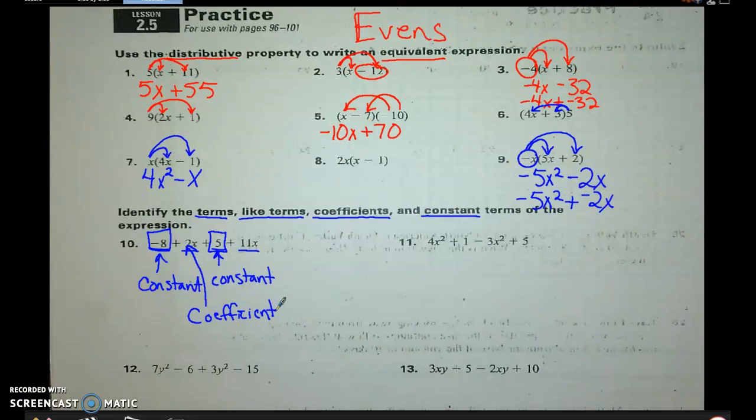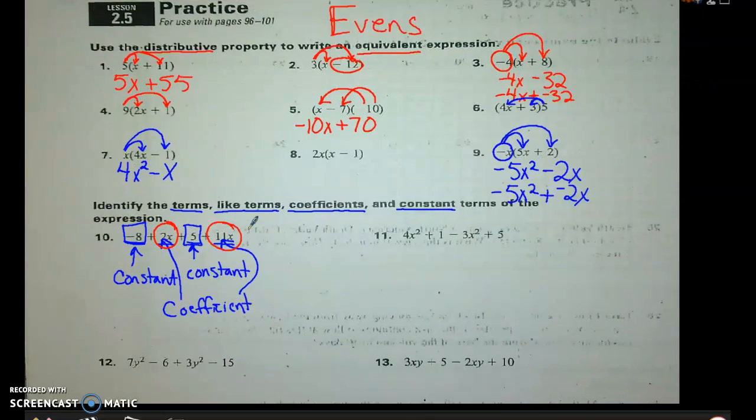Anytime that number is in front of a variable, that's a coefficient. That 11 is also a coefficient. Now, I can also see that this 2x, I'm going to put a circle around it, and that 11x, they are like terms. So they go together, so I'm going to mark them with circles to show that.